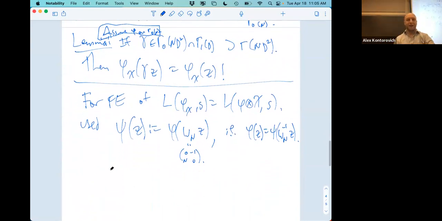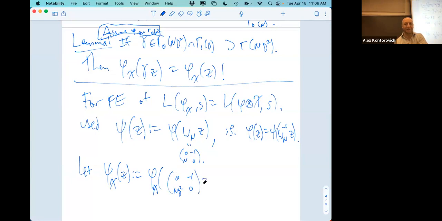So let psi chi of z be phi chi of not Wn, but WND squared. That element, phi chi, is not invariant under gamma naught n. It is invariant under gamma naught ND squared. So I'm going to put here -1, 0, 0, ND squared Z.